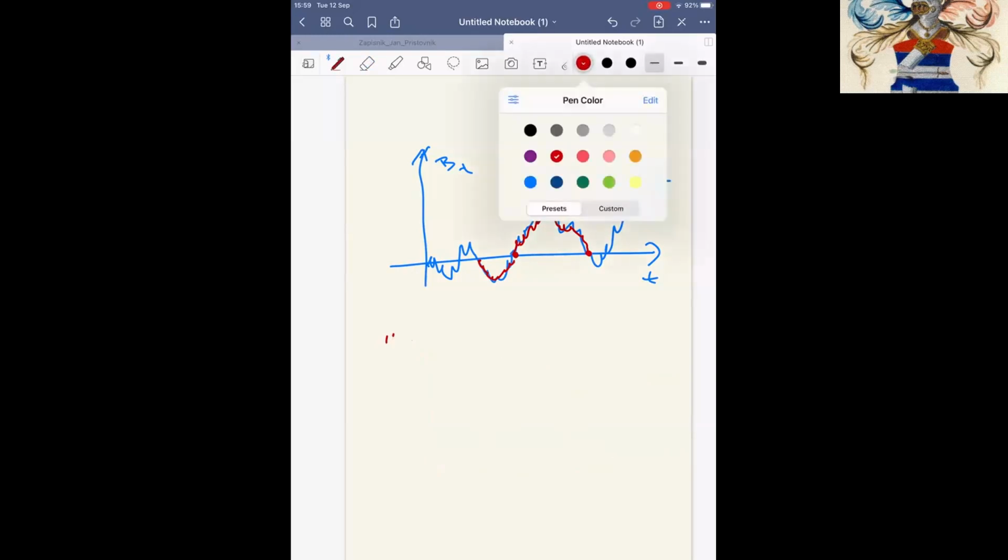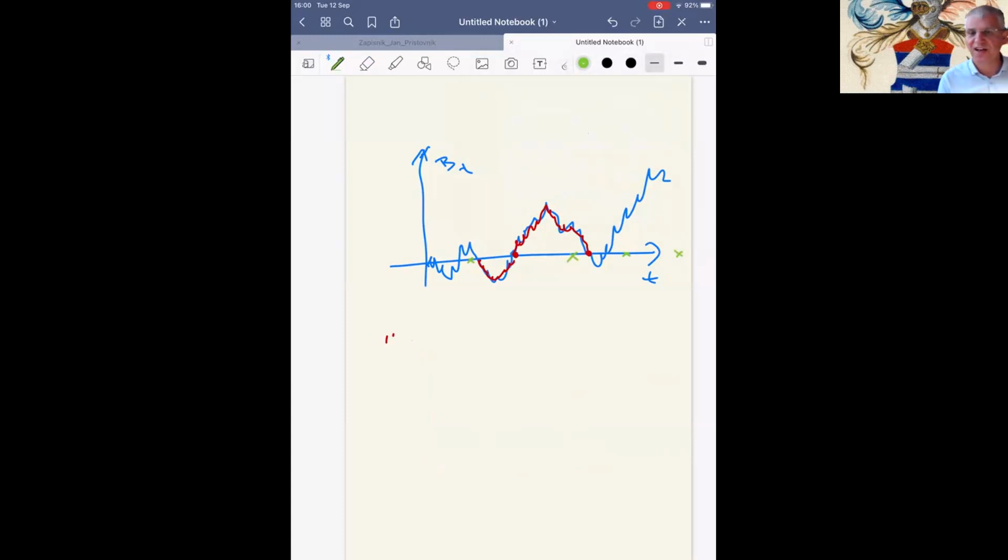I will choose another color, say green, and then I will run a Poisson process on the time axis of the Brownian motion, and I will get a point of the Poisson process every now and then, right? So I will get a bunch of green points, and I will choose this Poisson process of green points to be independent of Brownian motion. We can always construct the process in such a way that it's independent of the Brownian motion.